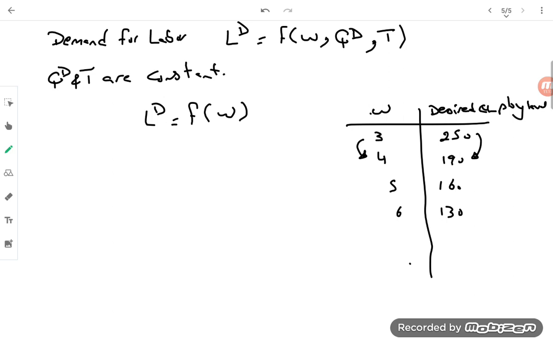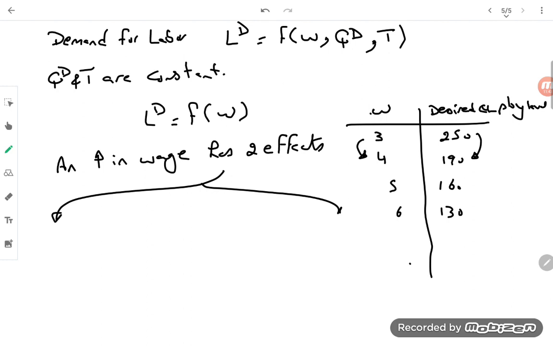This is due to the scale or output effect and the substitution effect. So an increase in wage has two effects.